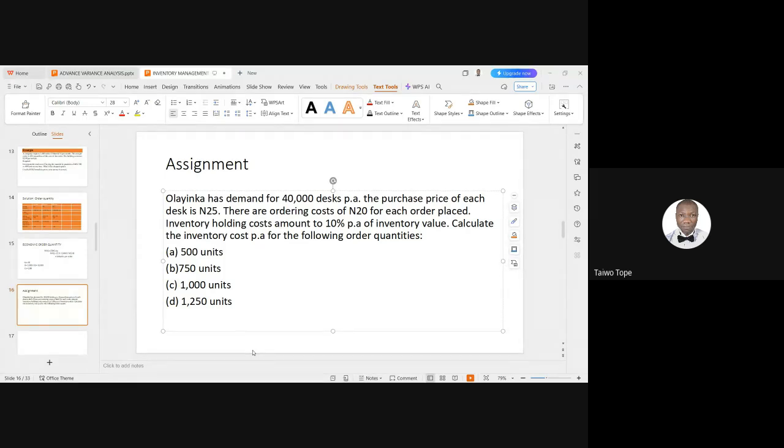So we'll talk about just in time. Just in time, this concept is a concept that is popularly used in industrialized nations.